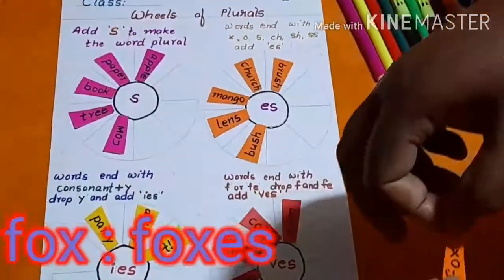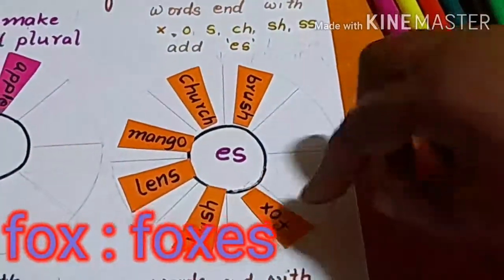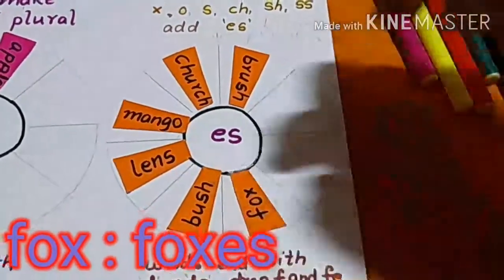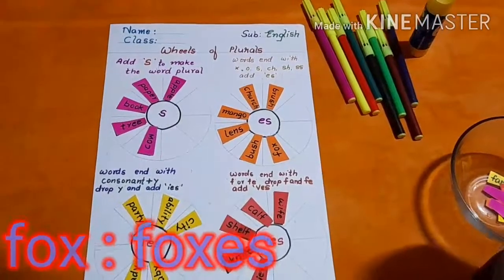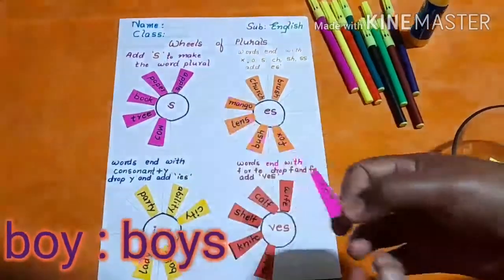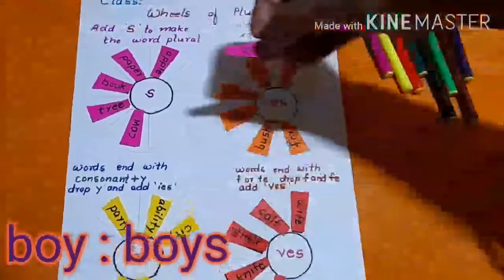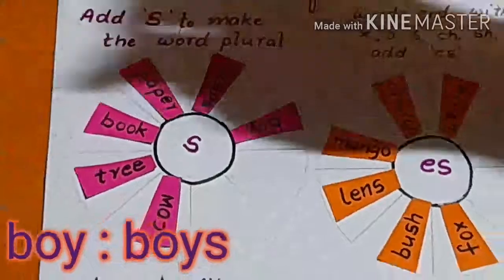That also will go to the same wheel because it ends with X. So we have to add ES to the word. So it will become foxes. Next word we got is boy. So we have to add only S to the word. So it is here, boys.